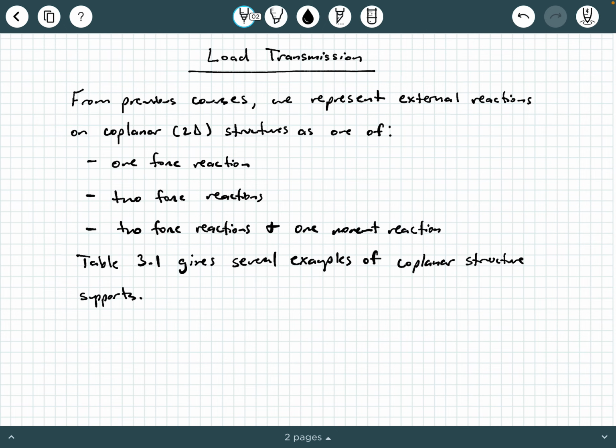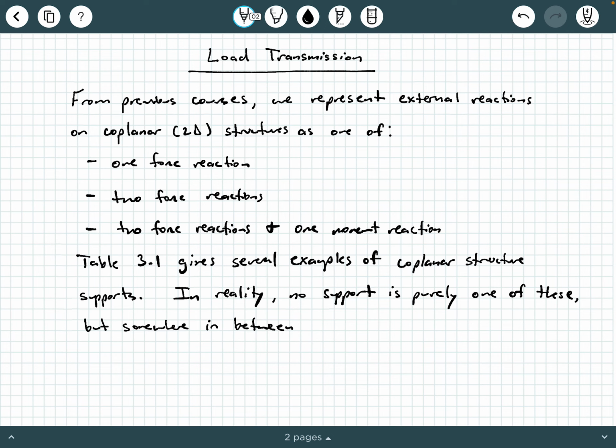Now, in reality, no support is purely one of these. Typically, in reality, it'll be somewhere in between.